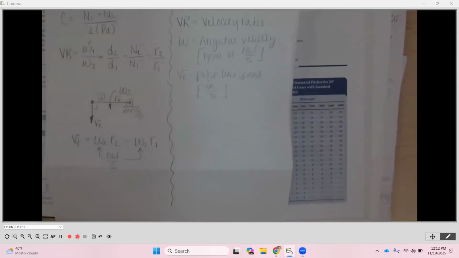Additionally, we looked at how to determine the pitch line speed. In the example we did, which was a grocery line conveyor, pitch line speed ends up being, well, how fast is that belt going?